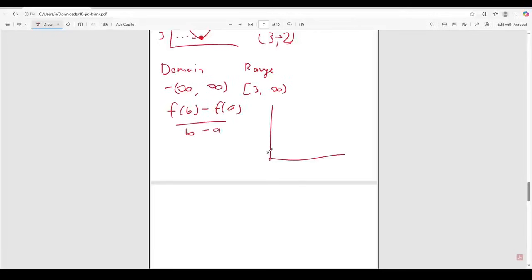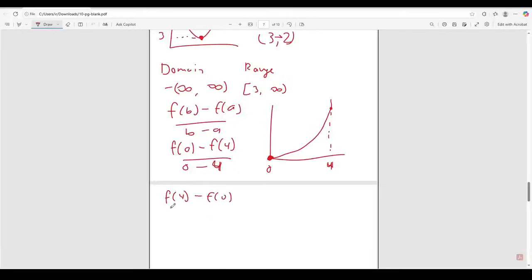So for example, if you wanted to find the average rate of change over the interval 0 to 4 for this function, you would take f(4), the y value at the end of the interval, minus f(0), the y value at the start, divided by 4 minus 0. Or you could have done f(0) minus f(4) over 0 minus 4. Both of these give you the correct average rate of change.